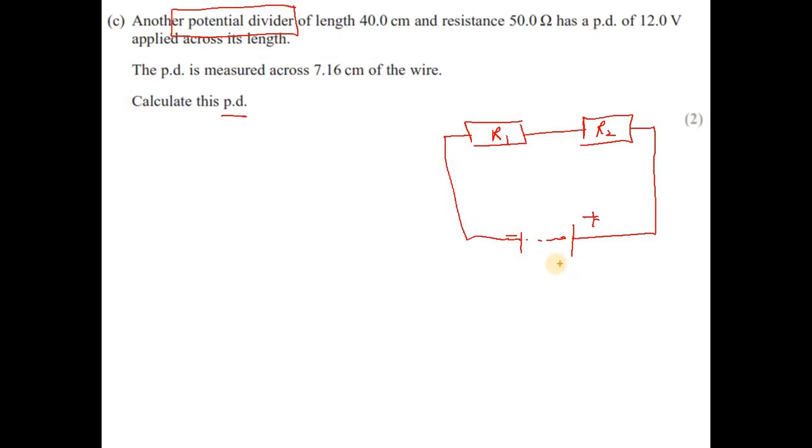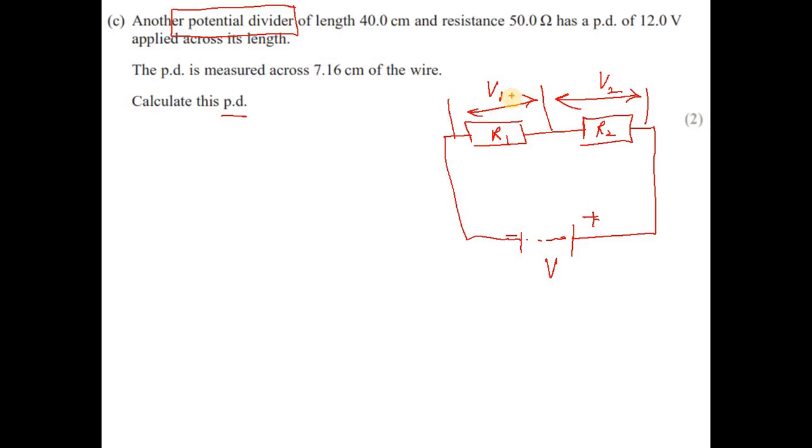So what happens? The voltage of the power supply V is divided between the resistors. So in fact V is V1 plus V2. According to the resistances, it is divided. That's why it is called a potential divider.